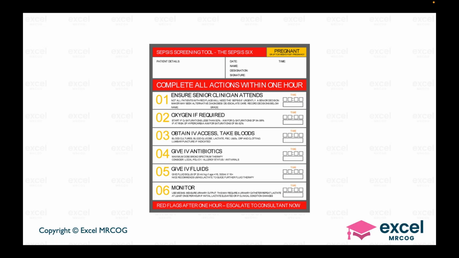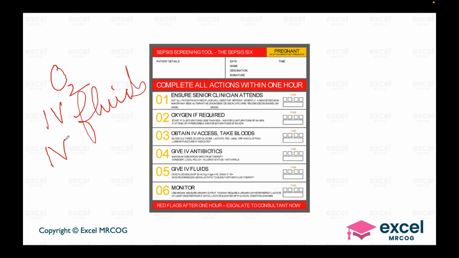Very important. Okay, so in sepsis 6 bundle, what we give is your oxygen, your IV fluids, and IV antibiotics.